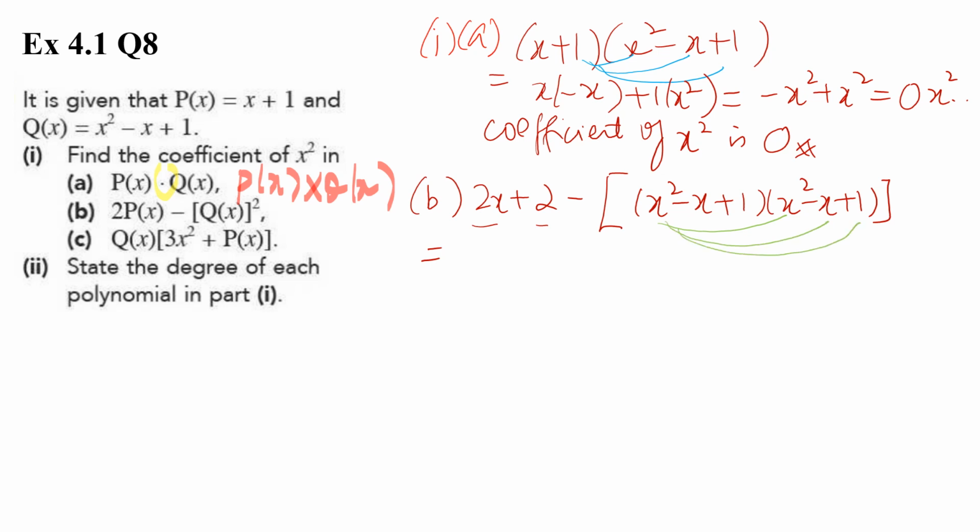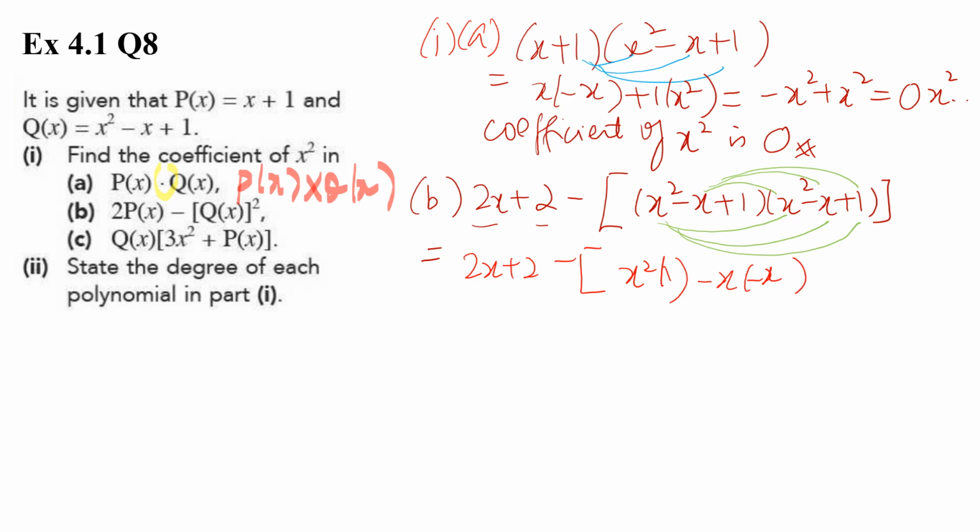Which one am I interested in? x squared with 1, yeah. And then go on to your second term. Which one am I interested in? Negative x with negative x, yeah.